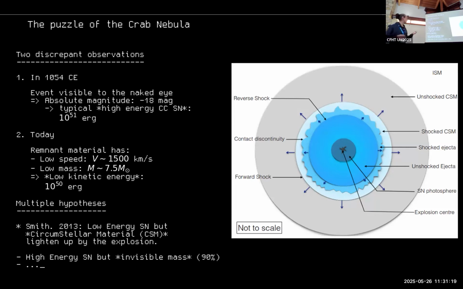One hypothesis by Nathan Smith in 2013 is that this is indeed a low energy supernova, but the star exploded in a cocoon of circumstellar material, which had been ejected by the previous stages of the evolution of the star. The question remains: do we have any proof of the presence of circumstellar material around the star?